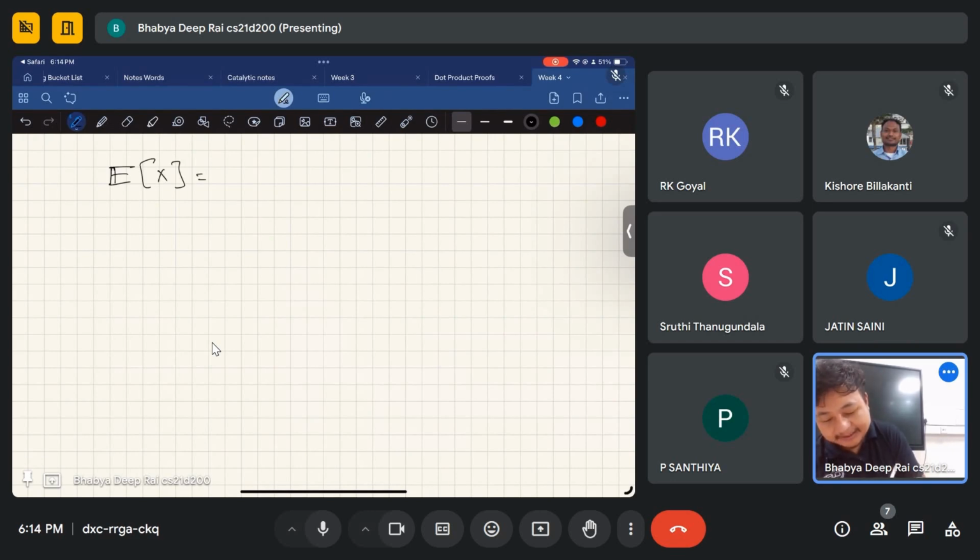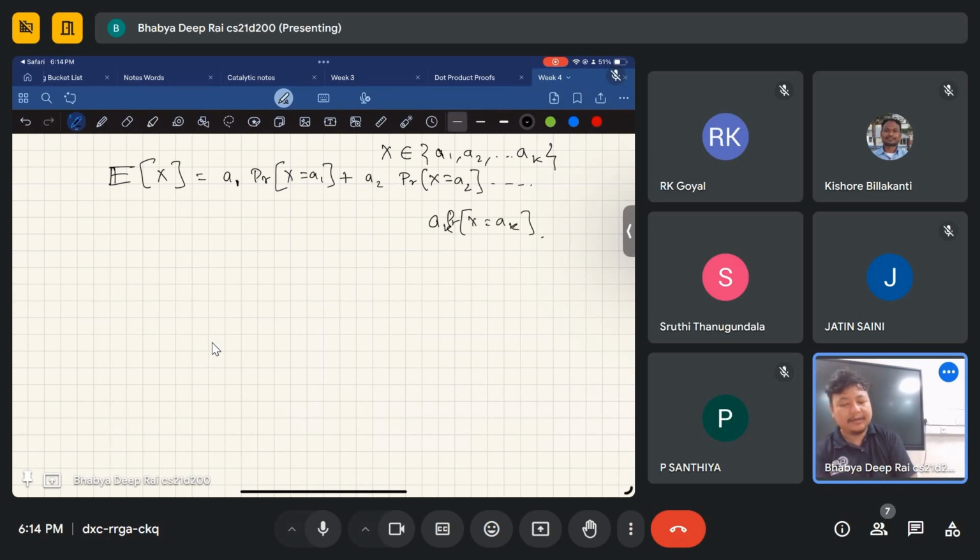Expectation of x is defined to be, so if x takes values a1, a2, and so on till ak, then it is a1 times the probability that x equals a1, plus a2 times the probability that x equals a2, and so on till ak times the probability that x equals ak. Okay, so this is fine, right?